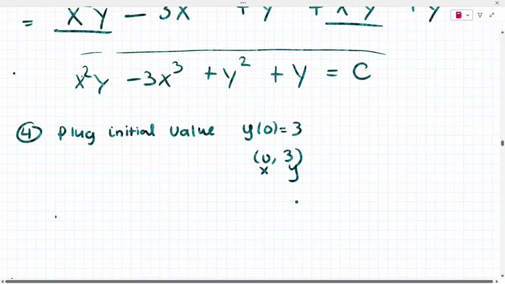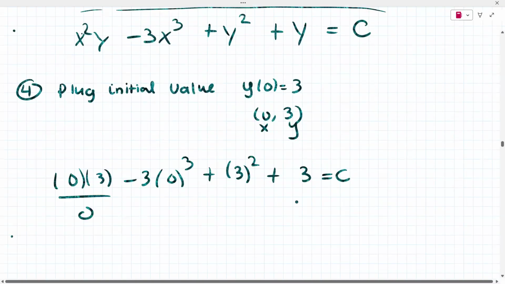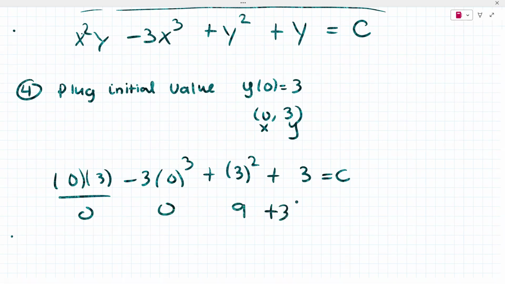So that's 0 squared times y is 3, minus 3 times 0 cubed, plus 3 squared plus 3 equals c. So this is 0, this is 0, this is 9 plus 3. 9 plus 3 is 12, equals c.